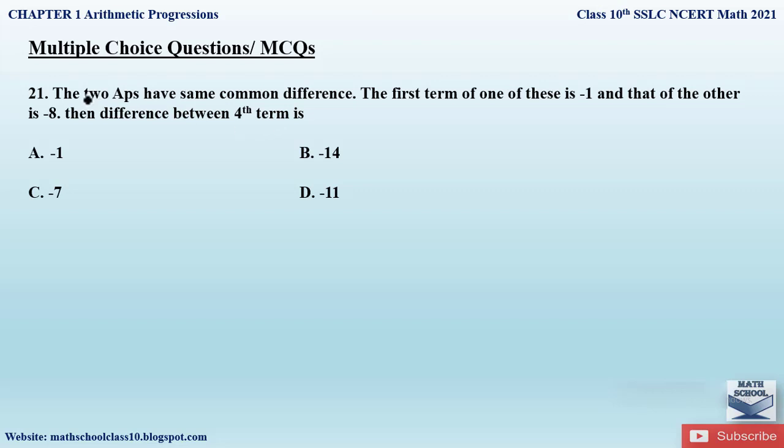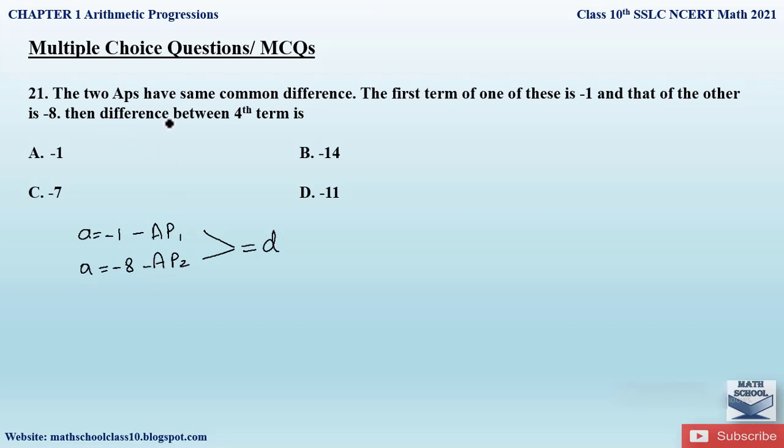So they have given us that the two APs have same common difference. Let us consider the two APs as AP1 and AP2. These two APs have same common difference, that is D. The first term of one of the APs is minus 1, so for the first AP, a is equal to minus 1, and for the other AP the first term is minus 8, right?